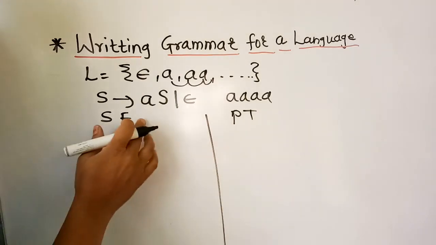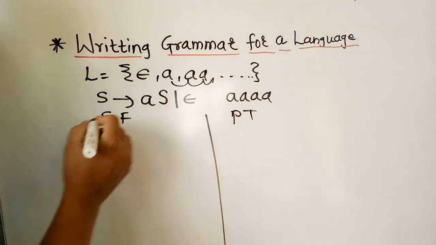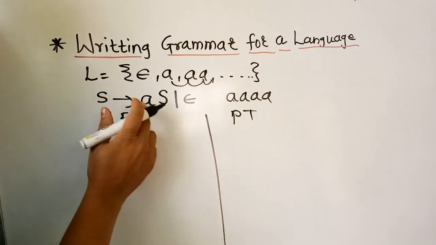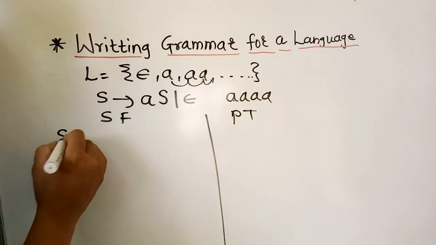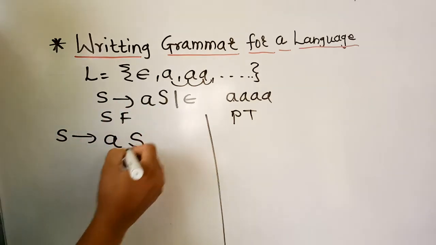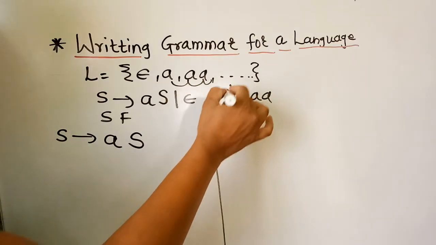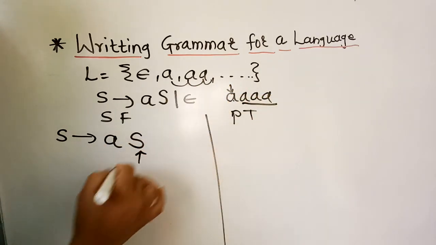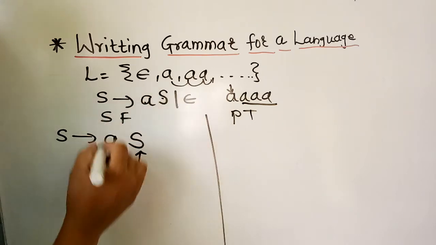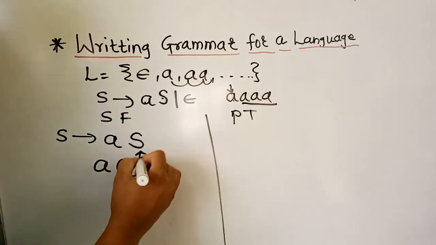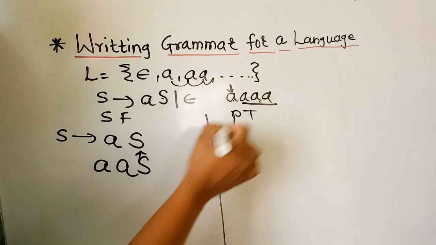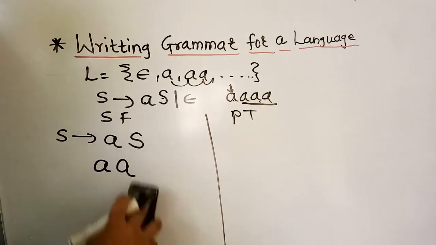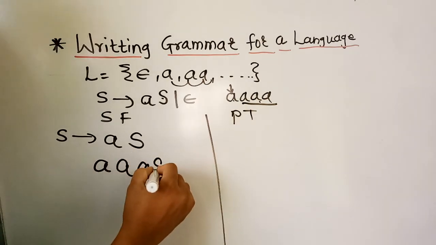We will apply the same steps here. First of all, to obtain the first A, we start from the start symbol, that is S gives AS. Now one A is achieved, and only three A's remain. So we will replace S again by AS. Again for this S, we will replace it with the next step, that is again AS.